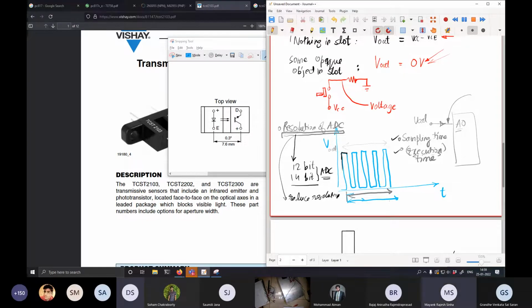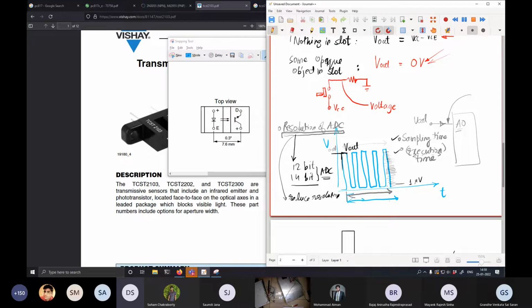Now the question is, do we really care about the resolution? And the answer is a big no, because resolution is as if you're trying to divide this V out into very small segments, a very large number of segments. If you have a very high resolution ADC, each segment could be like 1 microvolt.